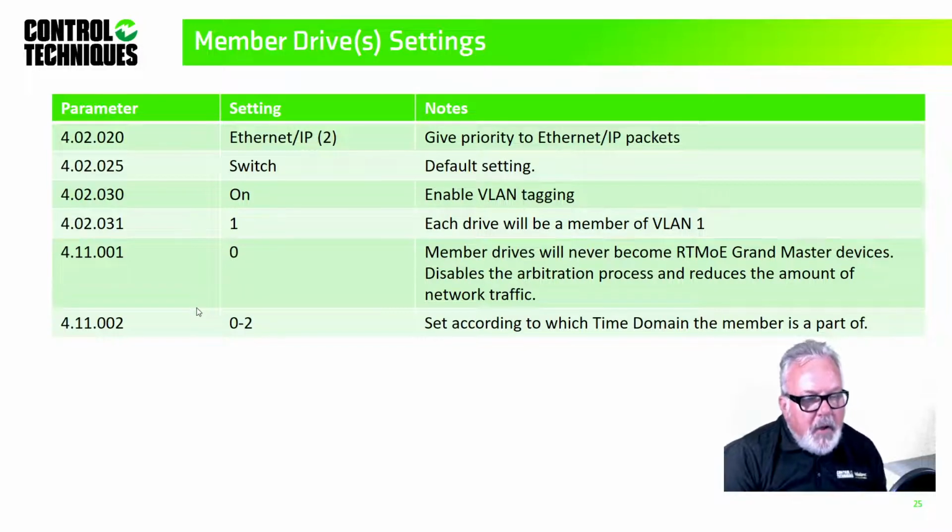All right, we left off, I was showing you the gateway drive settings. Now we'll go look at the subscriber or follower or whatever you want to label it as settings, or member, I guess, to follow along with my example. So I'm going to go right back into the same menus we just looked at.